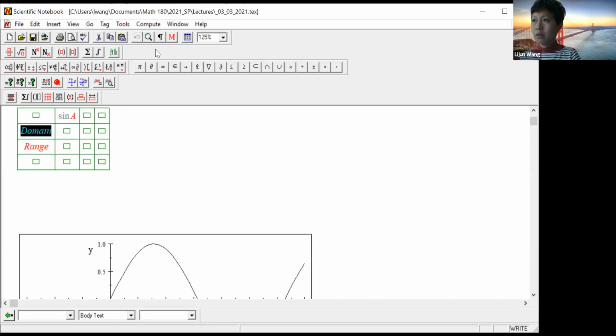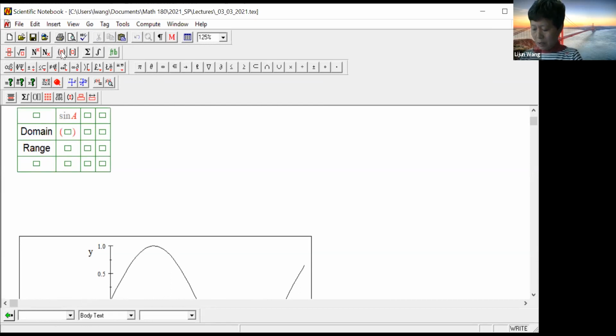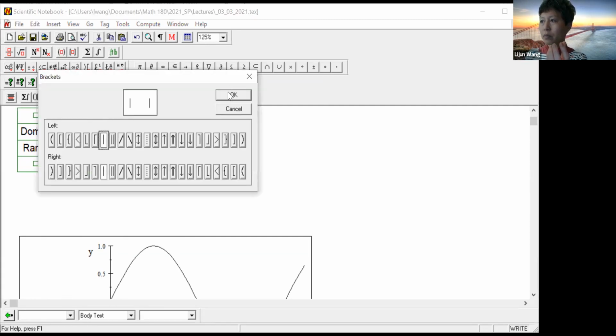Whenever you talk about the sine function, the domain we mean is from negative infinity to positive infinity. There's no such word called normal sine. The sine we refer to is always this function. The range is that.